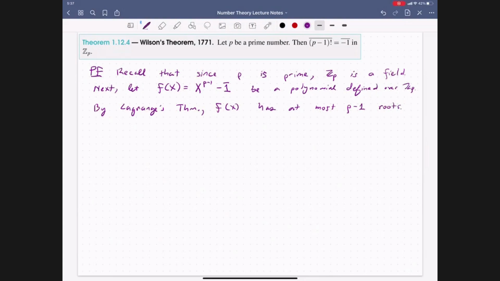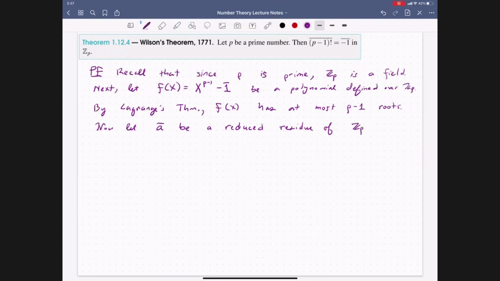Now, let a bar be a reduced residue of the integers modulo p.